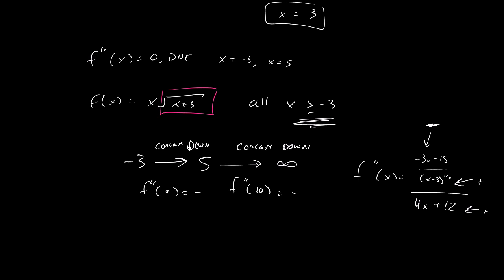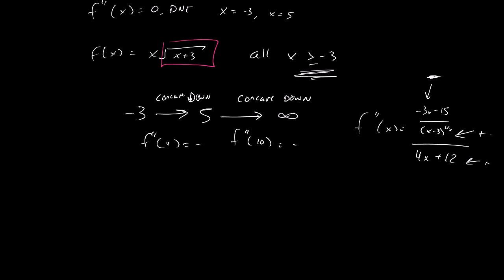So in conclusion, we have a maximum at -2, and that's because we found when our first derivative is equal to 0, and then we plugged that -2 in for our double prime, and we got a negative, and negative means that it's going to be a maximum.